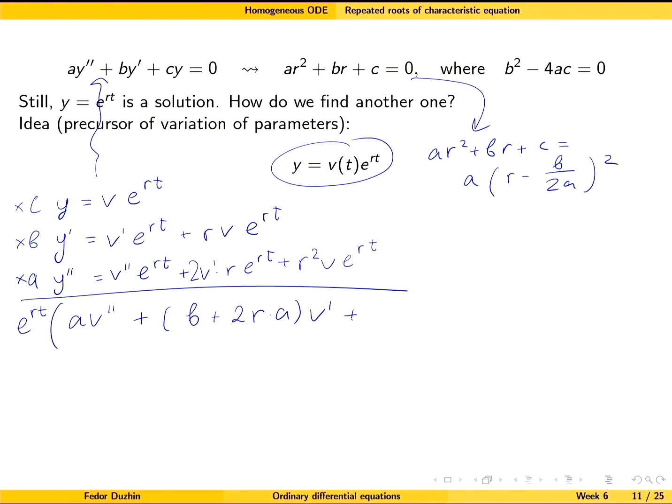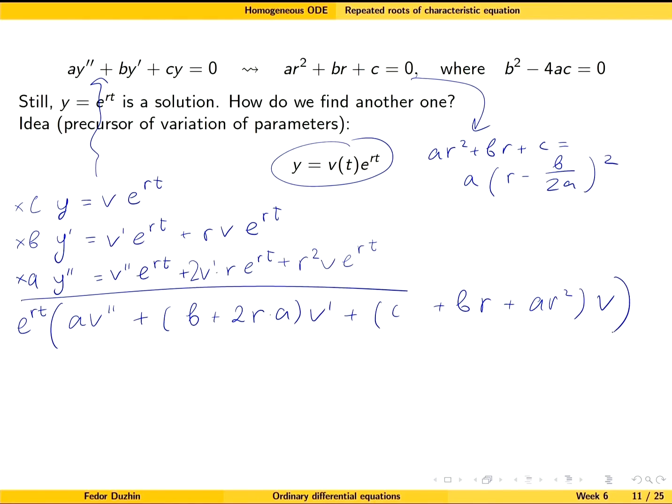Okay, so how many terms with v do we have? With v we have c from cy, plus b r plus a r squared, times v.